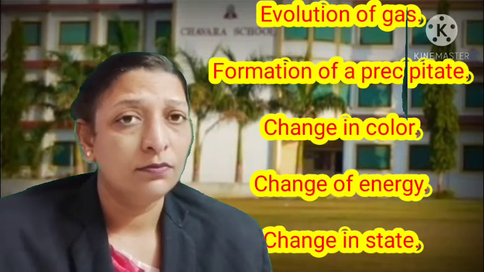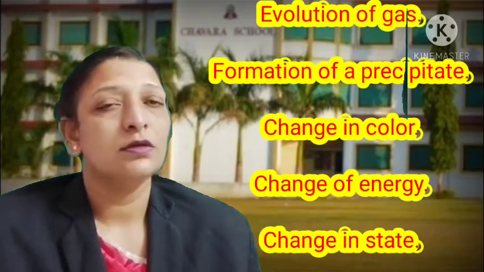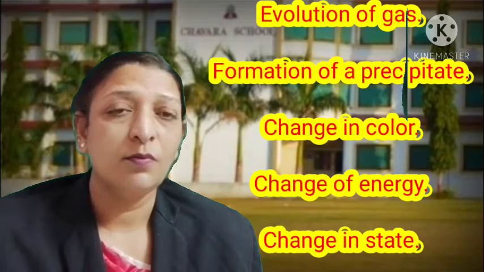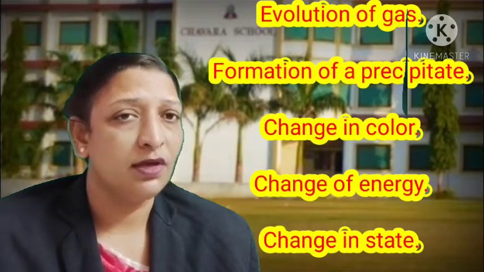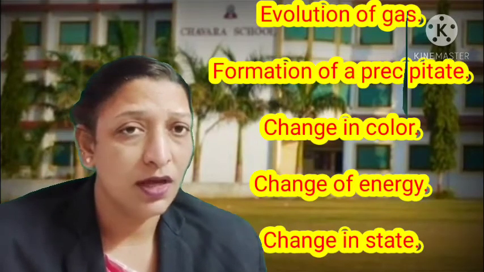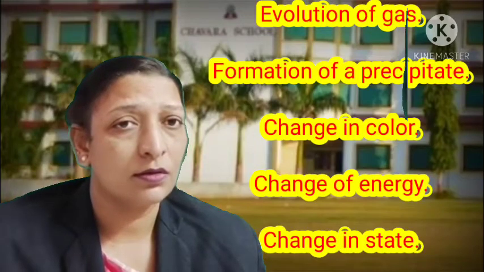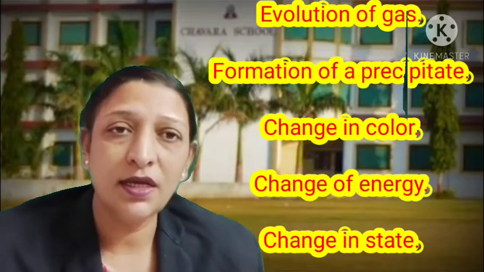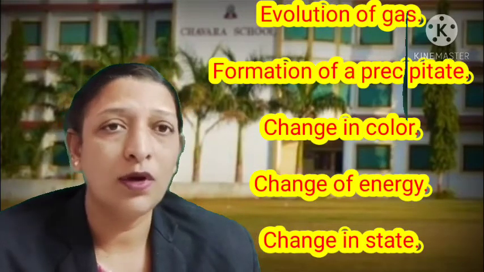They may form a precipitate. States of reactants may get changed during the chemical reaction to form new products. There may be a change in energy observed. So let us study each of the characteristics one by one. So here we go with the first characteristic, formation of effervescence.